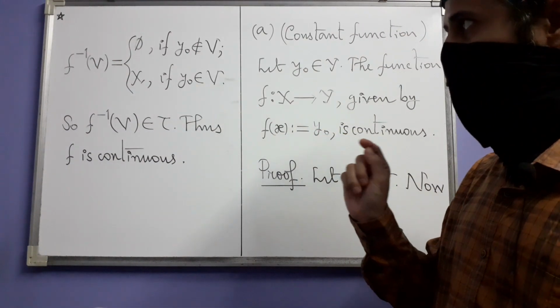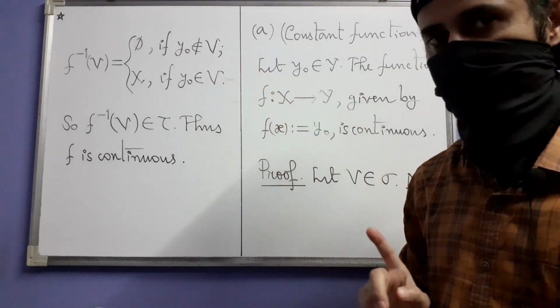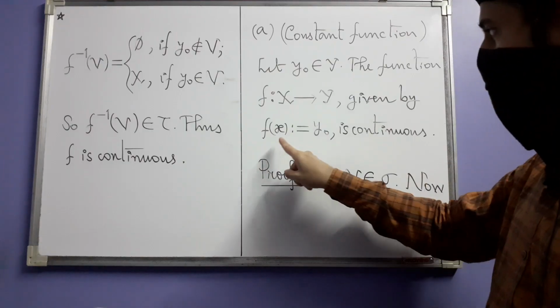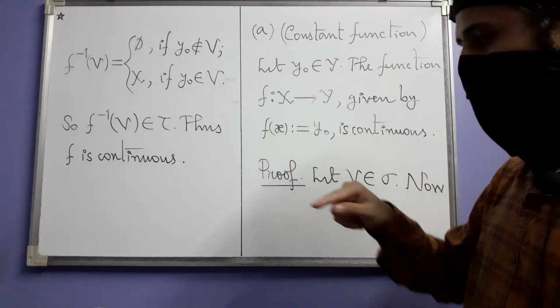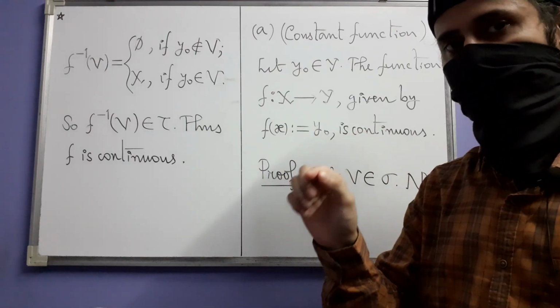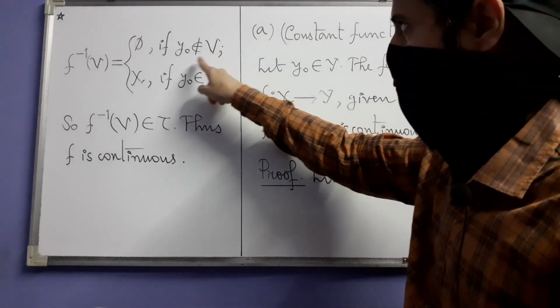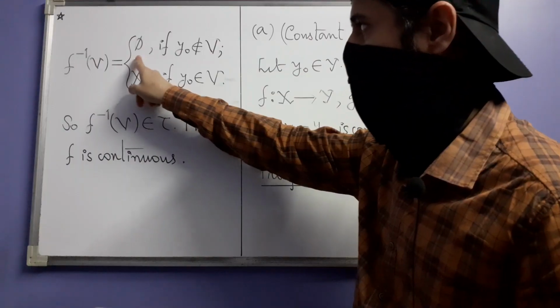Now what does it mean for x to be in f inverse of V? It means f(x) belongs to V, but f(x) is y0. So that would force you to have y0 in V, which is not the case. So that is why this will be empty.